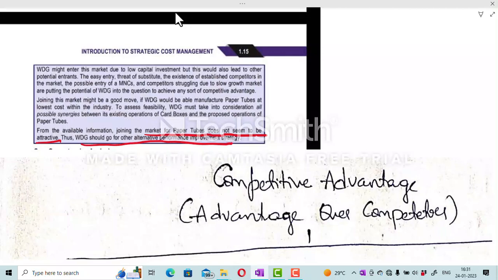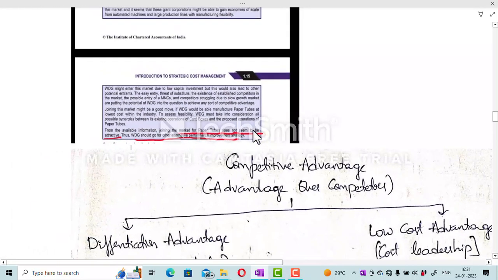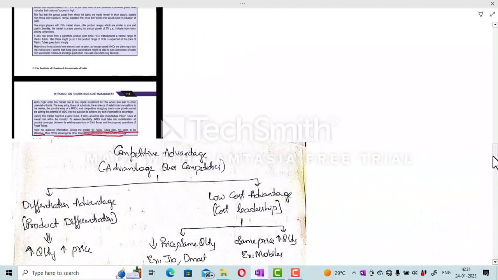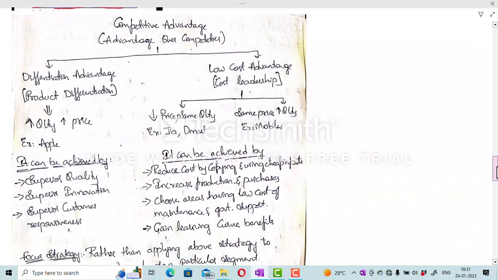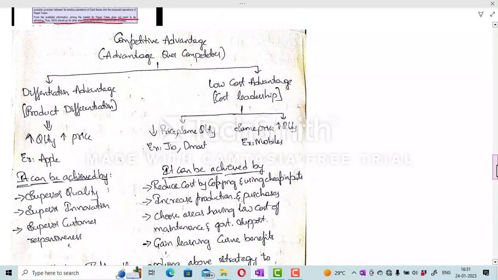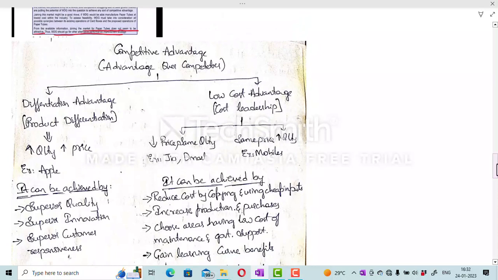Okay. And when we go to the next topic, it is competitive advantage. I already said that it is advantage over the competitors. And how to achieve the advantage over the competitors in 2 methods: differentiation advantage or low cost advantage.